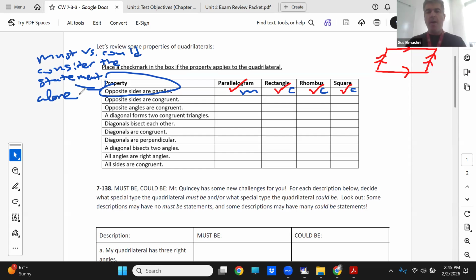Just, does that property apply to these quadrilaterals? So opposite sides are congruent. How many check marks are you going to put? Is that true for all four of the statements? Are the opposite sides congruent in a square? Yeah. Are opposite sides congruent in a rhombus? Yeah. Are opposite sides congruent in a rectangle?